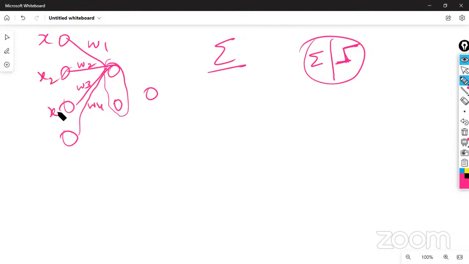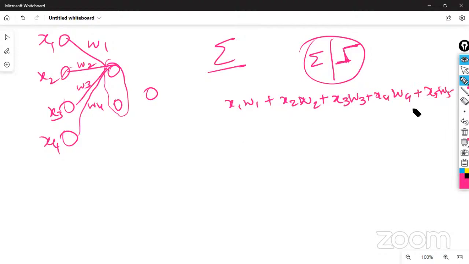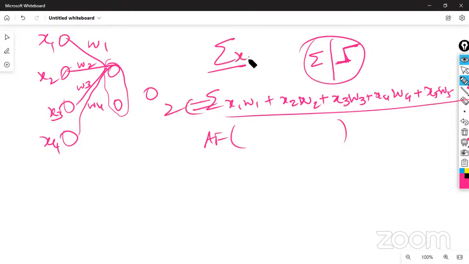So you have X1 into W1 plus X2 into W2, X3 into W3, X4 into W4, and X5 into W5. Like this, you will be having a summation and it will calculate. After calculating this, we'll have an activation function of the same. So let it be Z, the sum of Xi Wi, and I'll apply the activation function on Z.